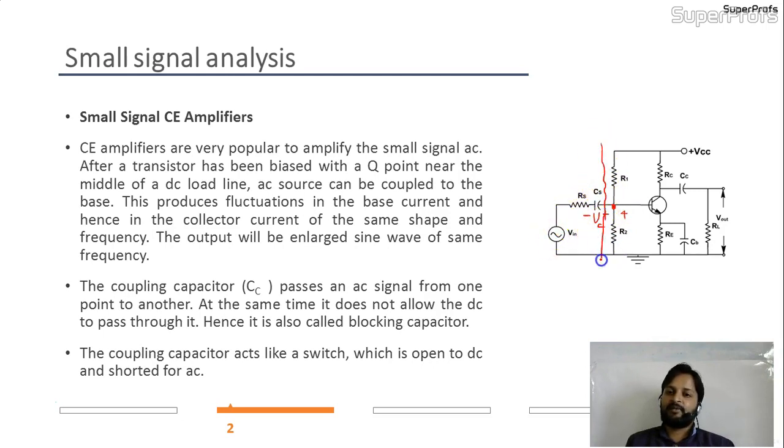If I talk about this part, your input is V in plus VC. VC means now you shifted your input. Very interestingly, by using this circuit, by using potential divider biasing, what you are going to do is you are adding your DC part to the signal. See, V in plus VC. Now V in plus VC is applied to the input of the transistor.